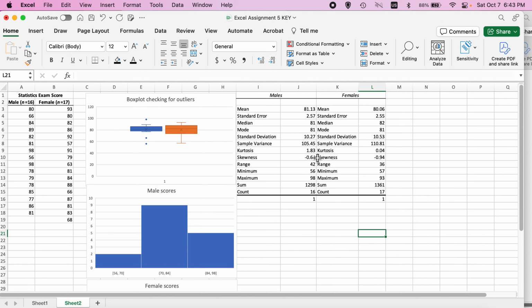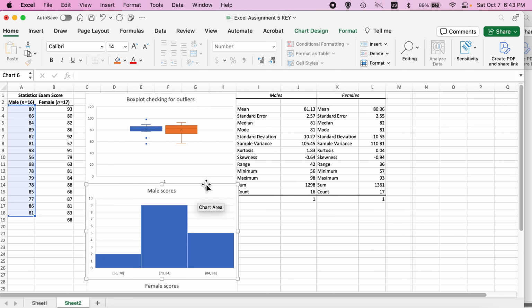So looking at the skew and kurtosis, this number is quite high, but it still falls between the -2 and +2 that we want to keep it in. So I wouldn't say it's a problem. However, if you wanted to investigate that, these are the male scores, and the kurtosis is coming from this.